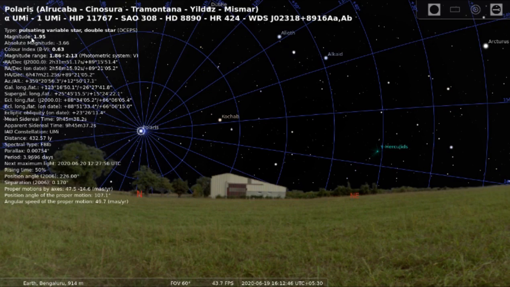Then you will see that the pole star Polaris has a magnitude of 1.95. This magnitude of the pole star is related to its brightness. It is not exactly the brightness, it is related to the brightness.